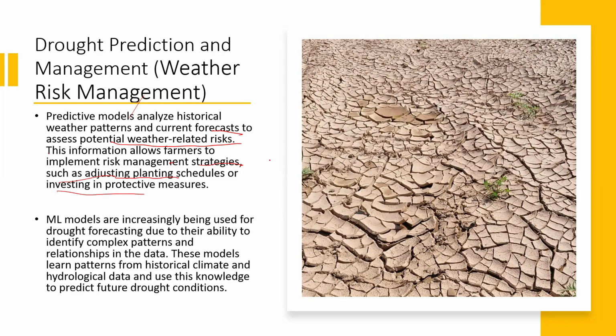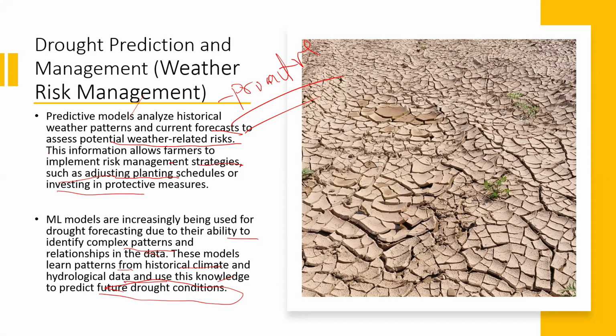So we say machine learning models are increasingly being used for drought forecasting due to their ability to identify complex patterns and relationships within the data. These models learn patterns from historical climate and hydrological data, and then use the knowledge to predict future drought conditions, when there's going to be drought, for how long it is going to be, and then we can plan ahead of time in what I call proactive agriculture or proactive crop production.